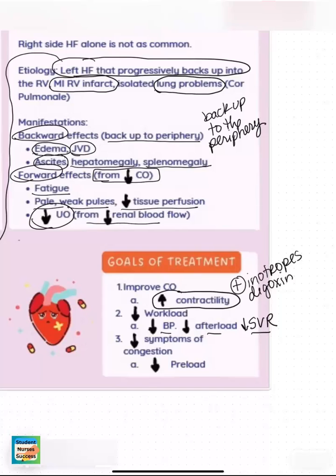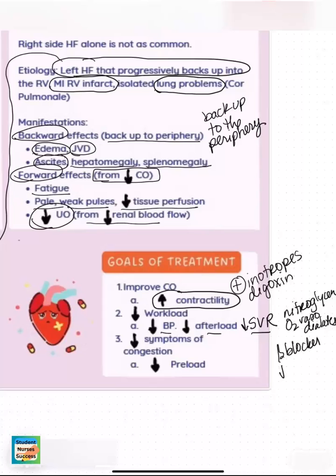We can do that with different medications. Medications such as nitroglycerin to vasodilate. We know that oxygen also vasodilates, so anything that vasodilates can help here. We know that beta blockers can be helpful as well.